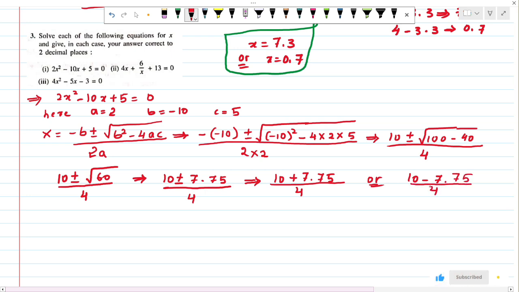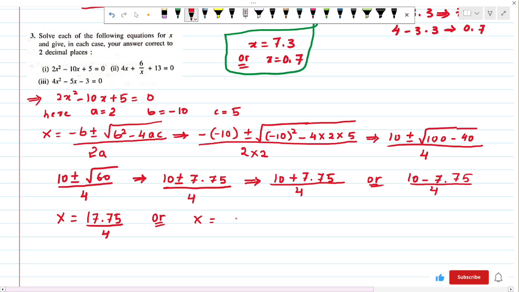So I'll write here x is equals to 17.75 divided by 4, or x is equals to this value, 10 minus 7.75. So I'll get it as 2.25 divided by 4.